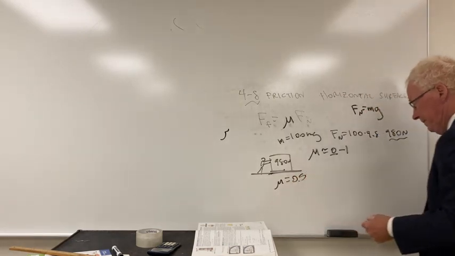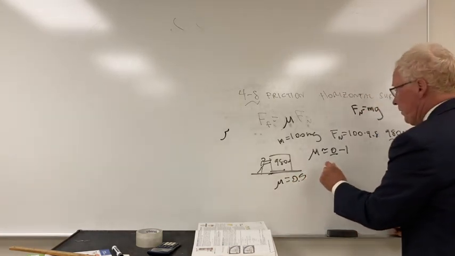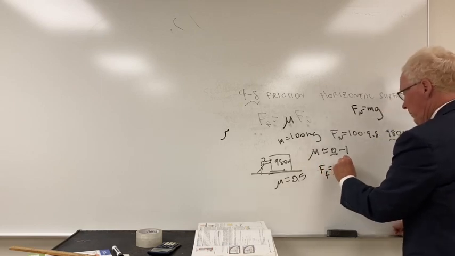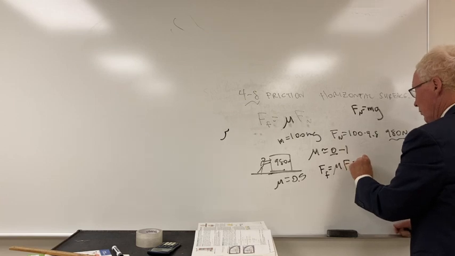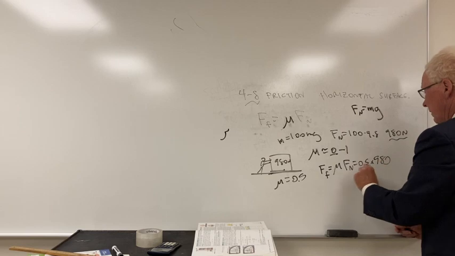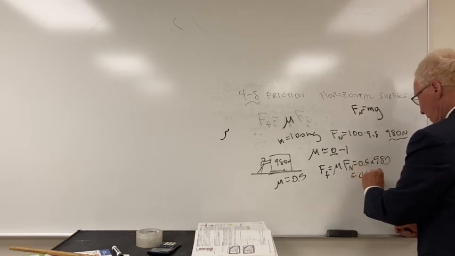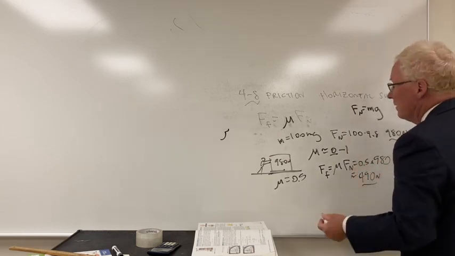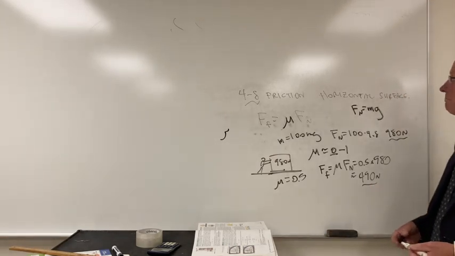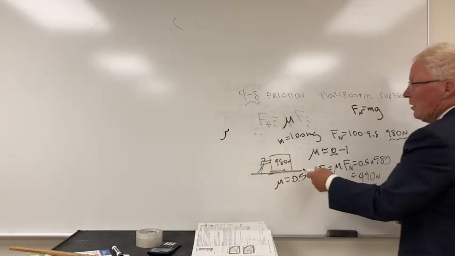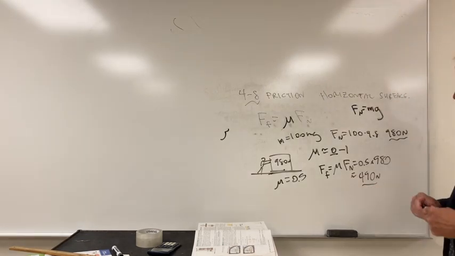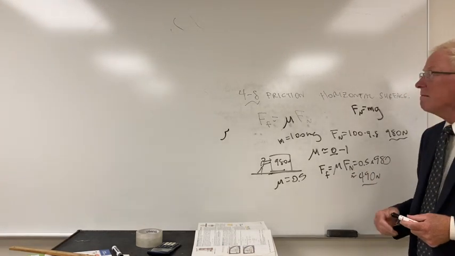So the friction you have to overcome would be mu times Fn, which would be 0.5 times 980, which would be 490 newtons. So about 100 pounds of force to be able to push this thing. So it would take that much to overcome the friction. The greater the friction, the more force it's going to take.